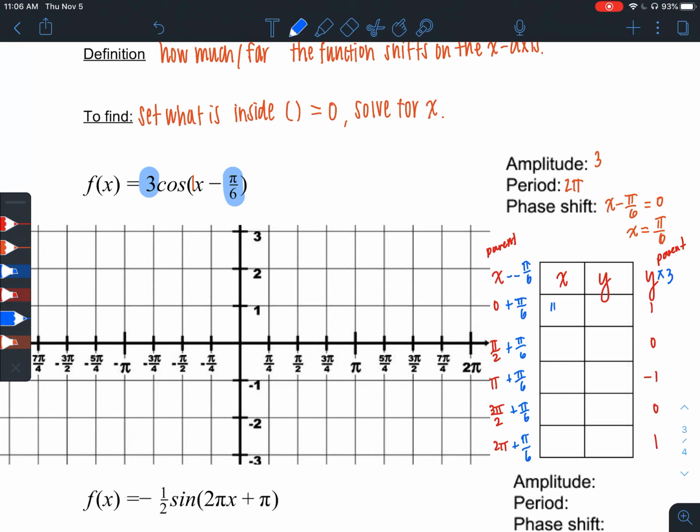So that's pi over 6. For this next one, you'd have pi over, or I'm sorry, 1/2 plus 1/6, and what you end up with is, I think, 2 pi over 3. So this is the same thing as 3 pi over 6. So 3 plus 1 is 4, which simplifies to 2 pi over 3.